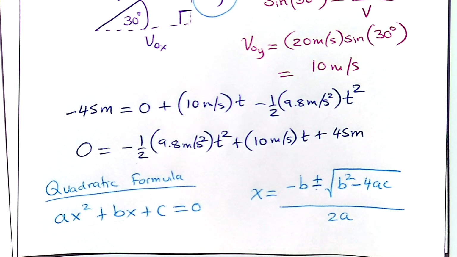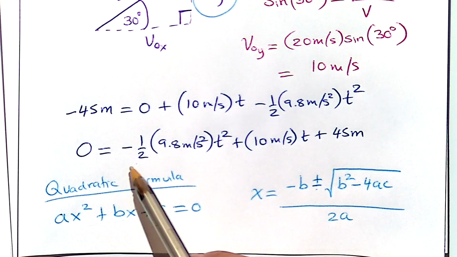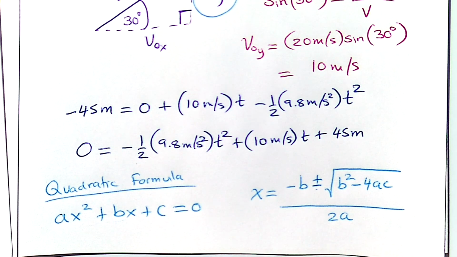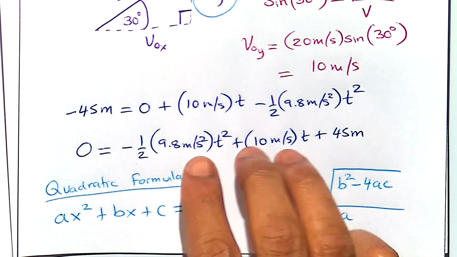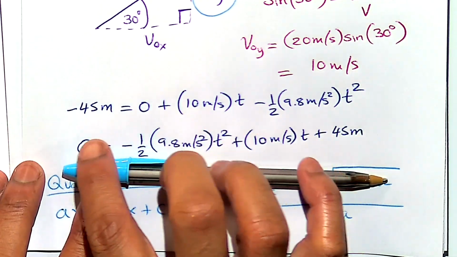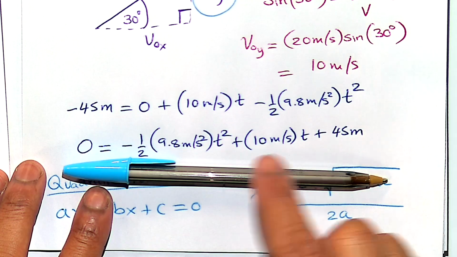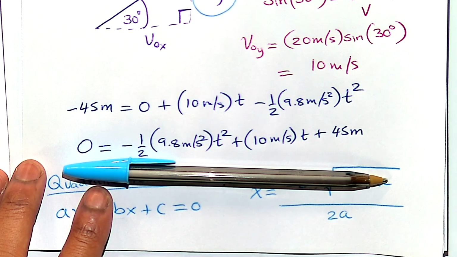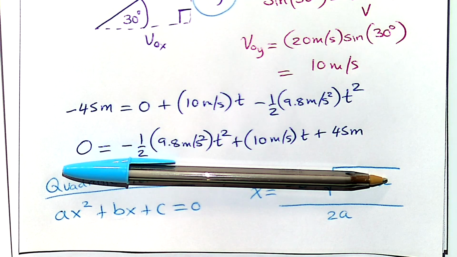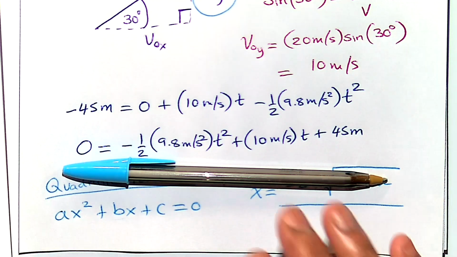So either you use the quadratic formula or your calculators often have this built into it. So you can Google and search how your particular calculator can solve a quadratic formula. So you should be able to enter just this and have it tell you what t is equal to, right? So that's a lot faster if you spend some time figuring out how you solve quadratic formulas in your own calculator. It will speed up this calculation process.